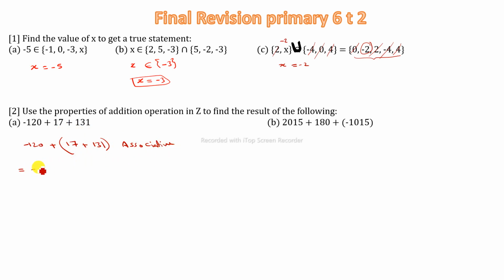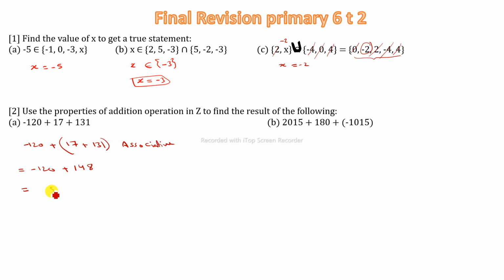That is equal to negative 120 plus we calculate 17 plus 131. Here, negative 120 plus 148 we calculate. These have different signs, so we subtract and put the sign of the greater number. Here it is equal to positive 100.